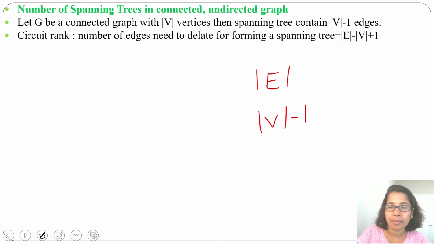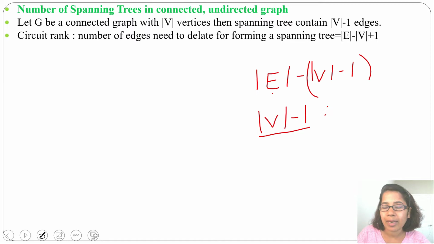Total edges minus the edges in the spanning tree, which is the number of vertices minus 1. So number of edges minus (number of vertices minus 1), which is the number of edges minus the number of vertices plus 1. This many edges we need to delete to form a spanning tree, and that is called the circuit rank.